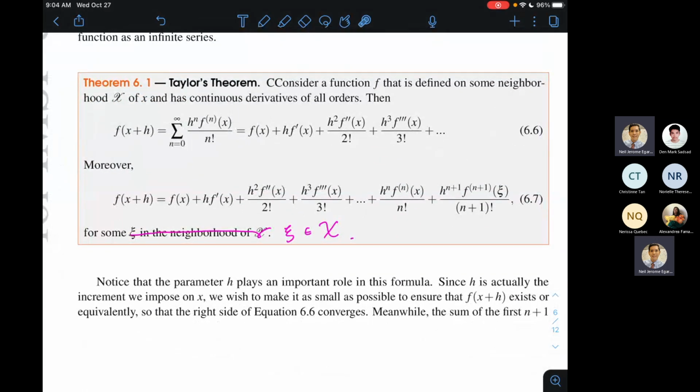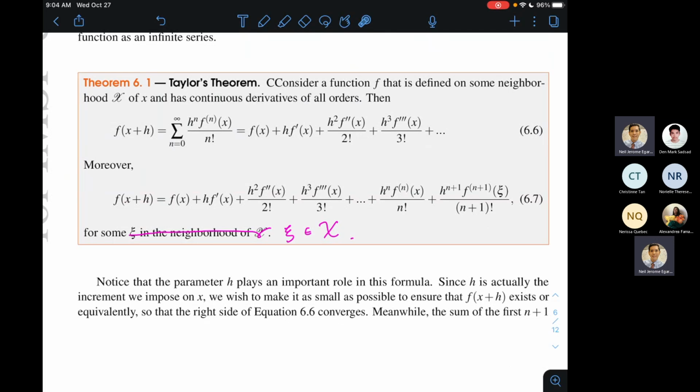which is Taylor's theorem. Okay, Taylor's theorem gives us an expansion for a function f with continuous derivatives of all orders. Okay, so here you look at equation 6.6. This is the good old Taylor's formula that you have seen in math. Saan nyo ba ito nakita? 36 or 38?